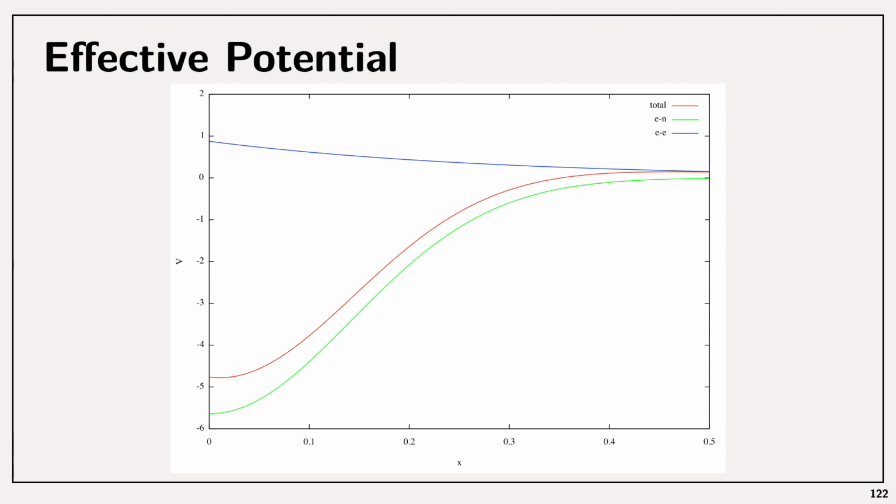If you were to interact with a positive charge, and now there is a bunch of negative charges that comes around the positive charge, effectively, you would not interact with the full positive charge. It would be attenuated or screened by the presence of the electrons. So this is what we call a screened potential. So the red potential, which is the total effective potential, is actually a screened potential. It's not as strong because of the presence of the electrons nearby.